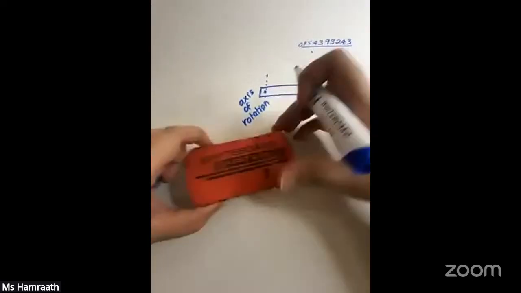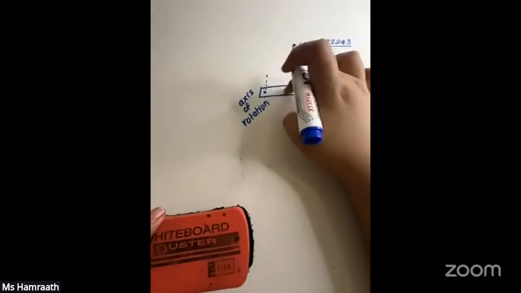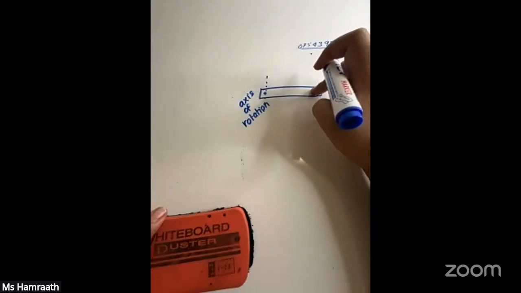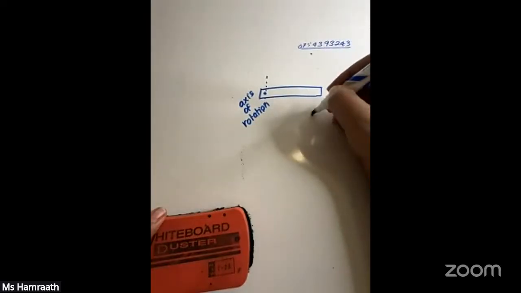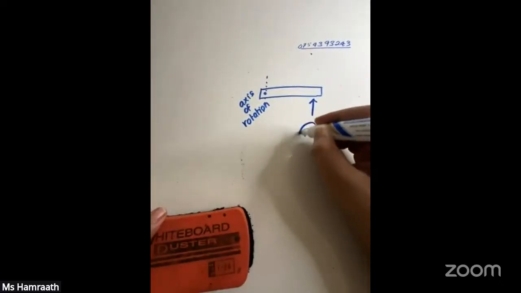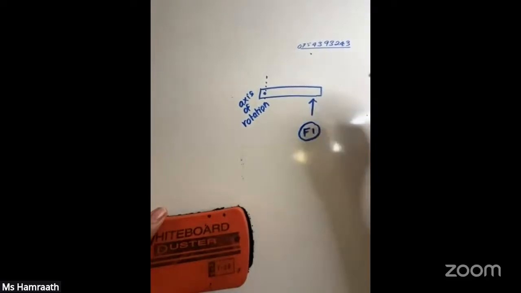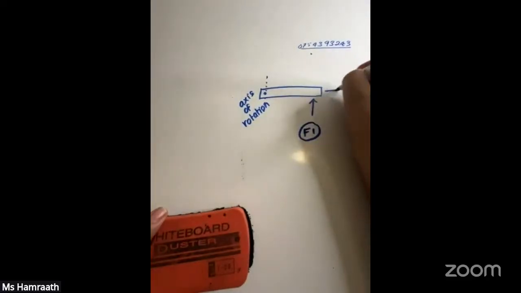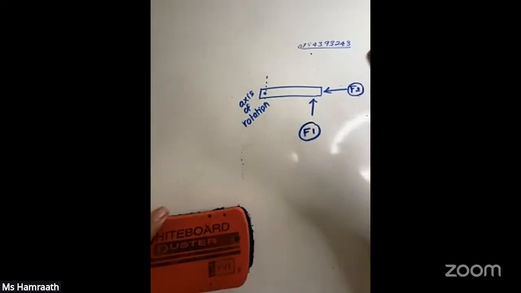Now let me take the same example here. If I wanted to move this object, if I apply a force in this direction, let me mark this as force 1. And if I apply a force in this other direction, in which direction will I be able to rotate the object?